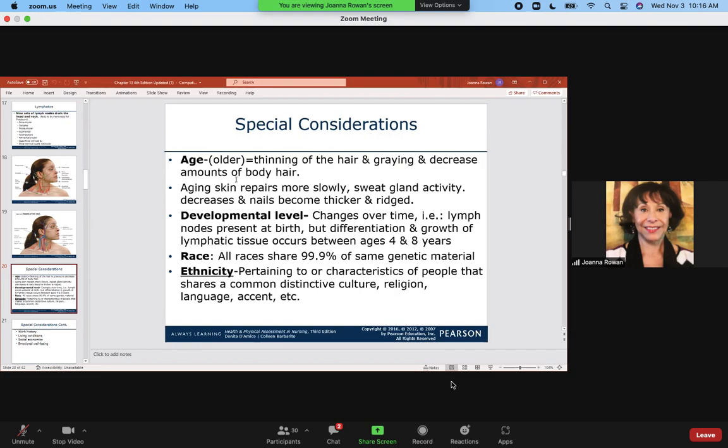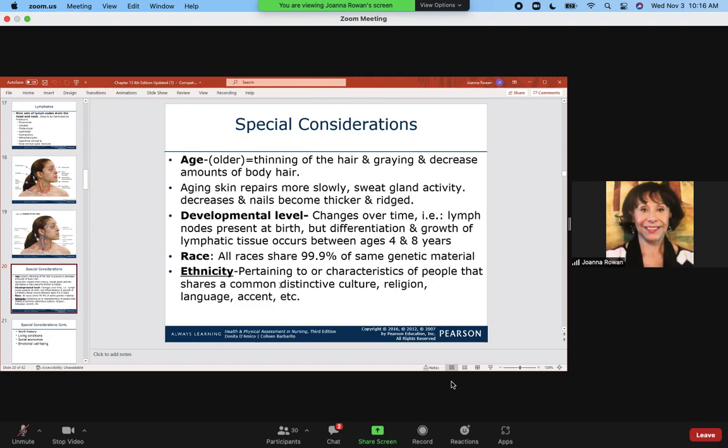Age: as the patient gets older, their hair becomes thinner and graying, and there is a decreased amount of hair. That is true, I noticed it on my own hair. Aging skin repairs more slowly, sweat gland activity decreases, and nails become thicker and brittle. Developmental level changes over time: lymph nodes are present at birth, but differentiation and growth of lymphatic tissue occurs between ages 4 and 8.